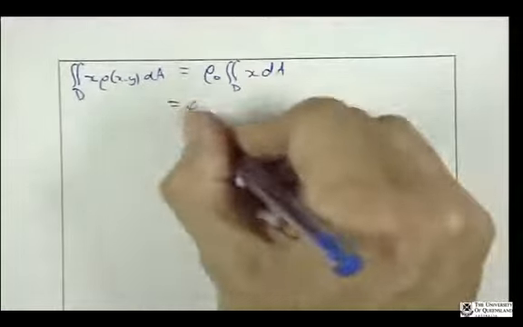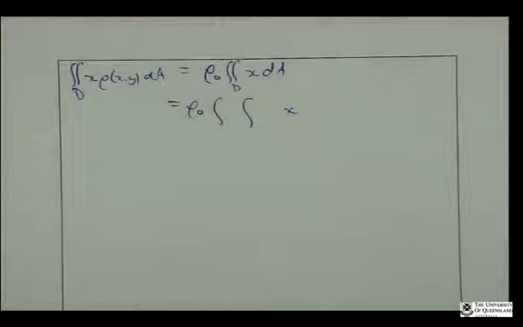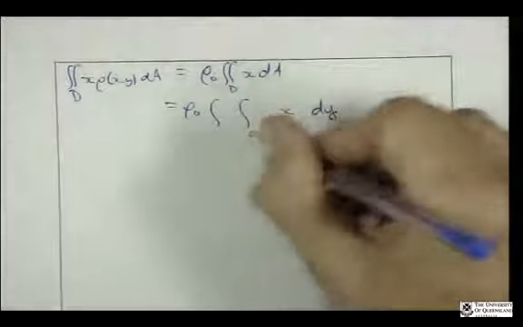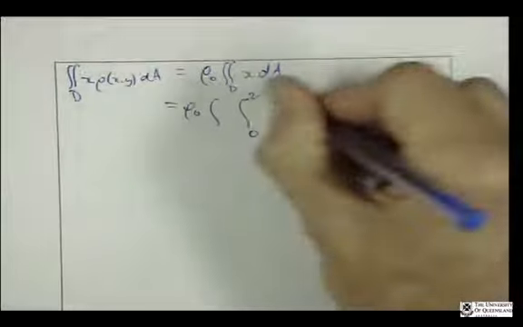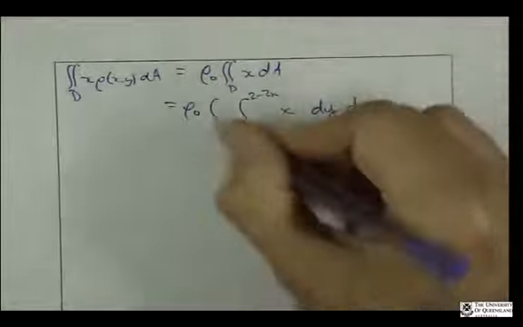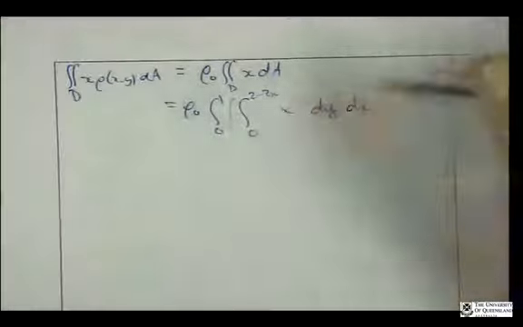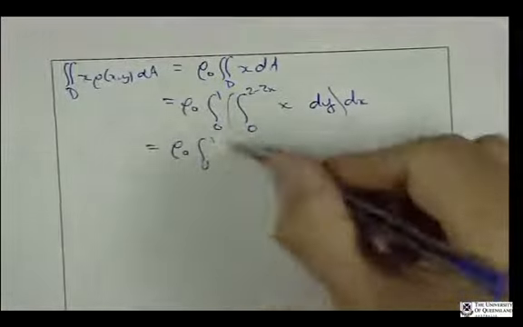Now I've worked out this expression, so I can apply Fubini's theorem immediately, and because I've set it as a type 1 region, it means we're going to first integrate with respect to y from 0 to 2 minus 2x, right? And then with respect to x, from 0 to 1. Okay, so just an iterated integral now.